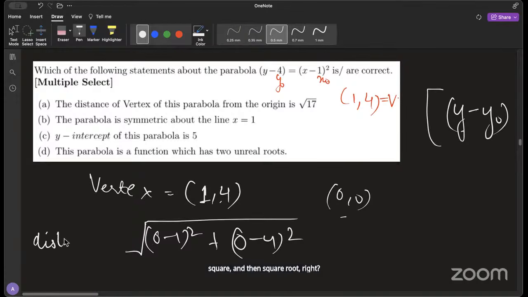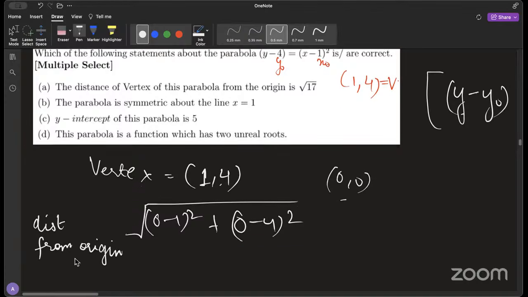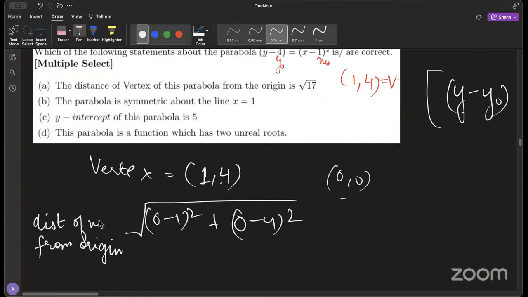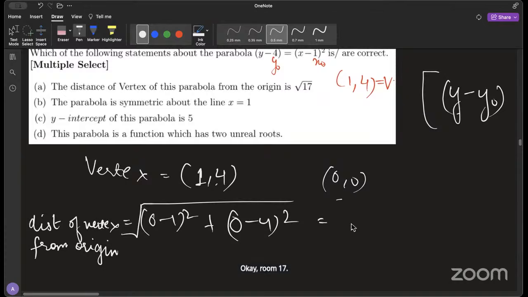This is the distance of the vertex from origin. Root 17. Correct. That means this should be correct. And the parabola is symmetric about the line x equals 1.